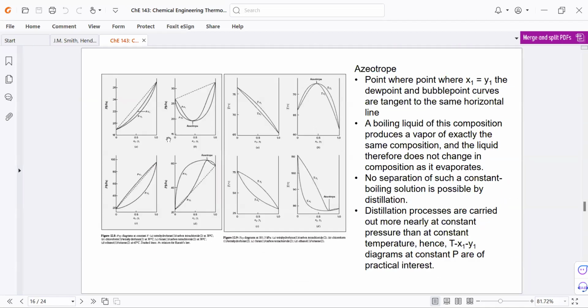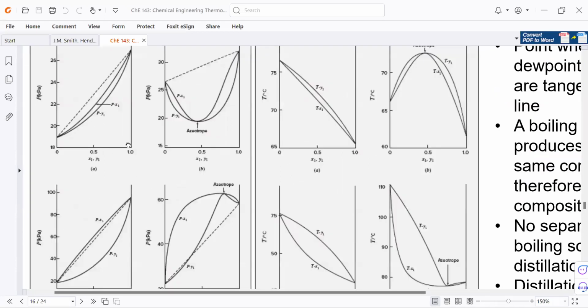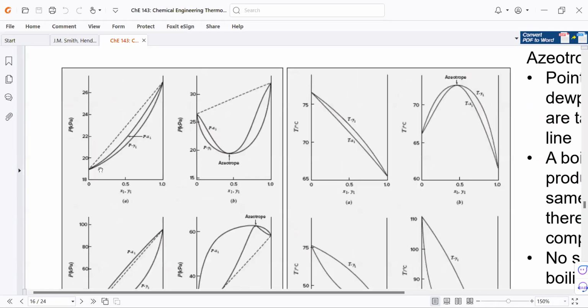They have different behaviors, different appearance for the PXY and TXY diagrams. For example, we have figure A right here. What can you observe?